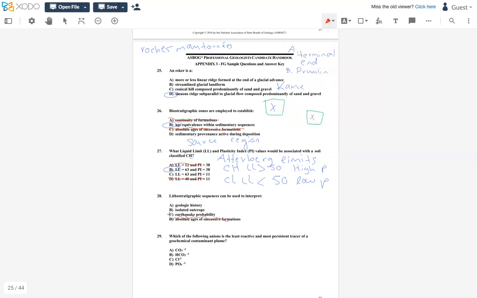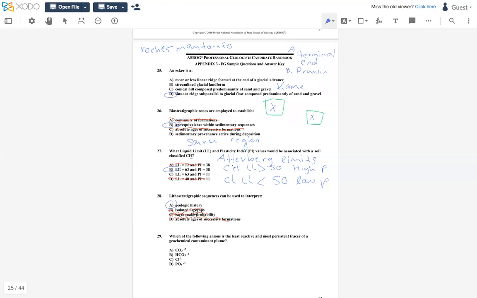The unit sequences are not going to tell you anything about earthquake probability, and they're not going to tell you anything about isolated outcrops either. So A is our only remaining answer choice, which is geologic history, which does make a lot of sense considering what these units are correlated on.